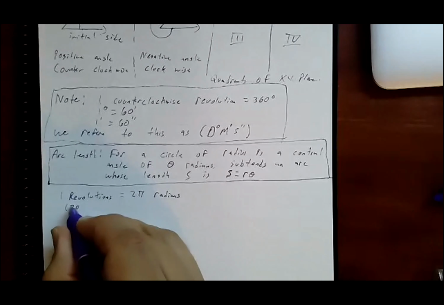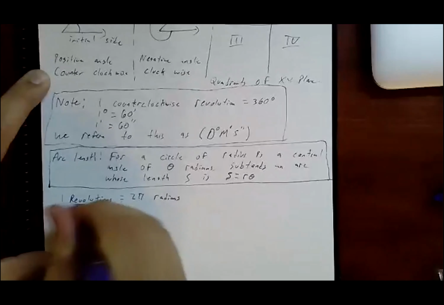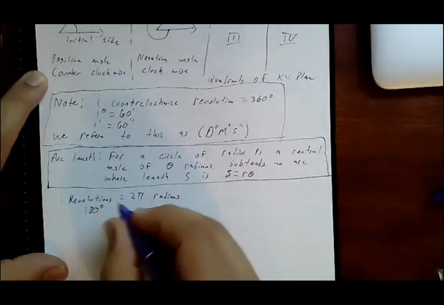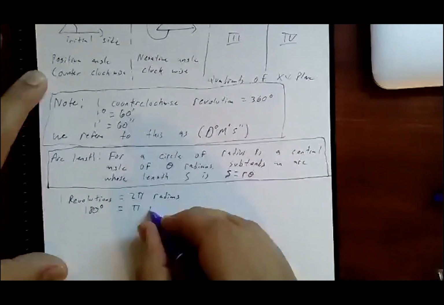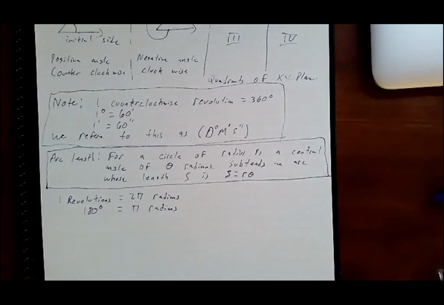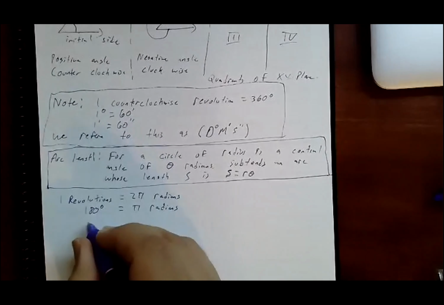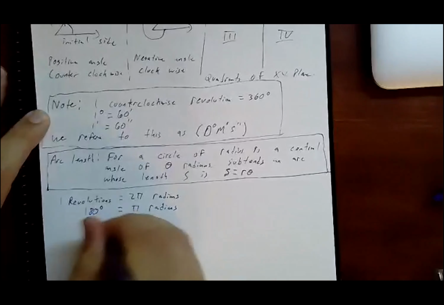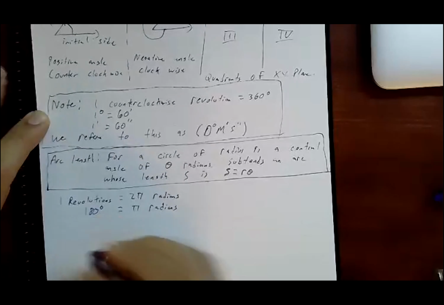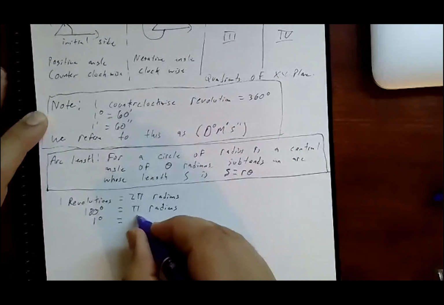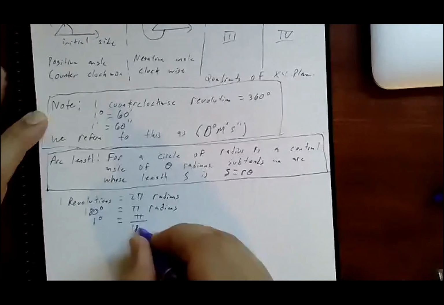180 degrees is equal to pi radians. Which means that 1 degree is equal to pi over 180 radians.